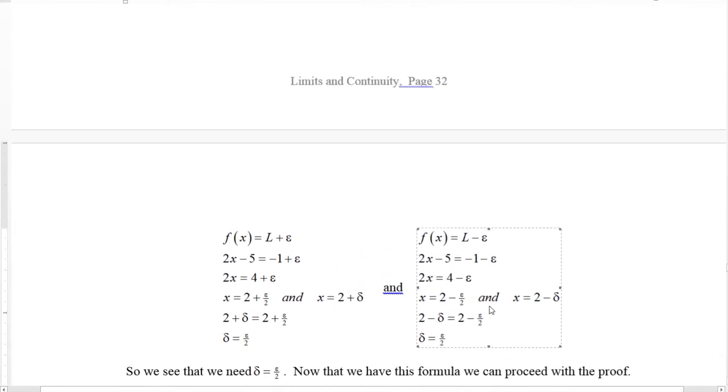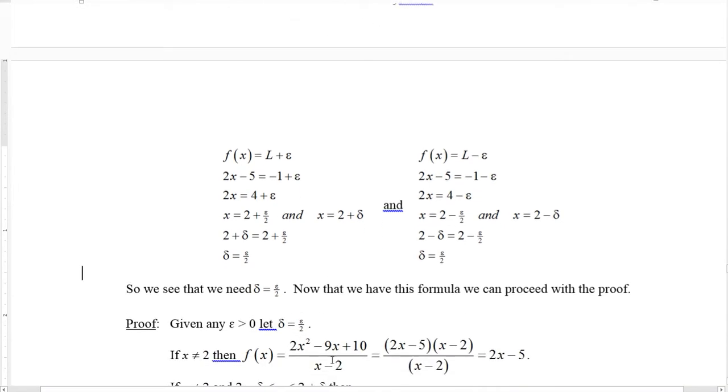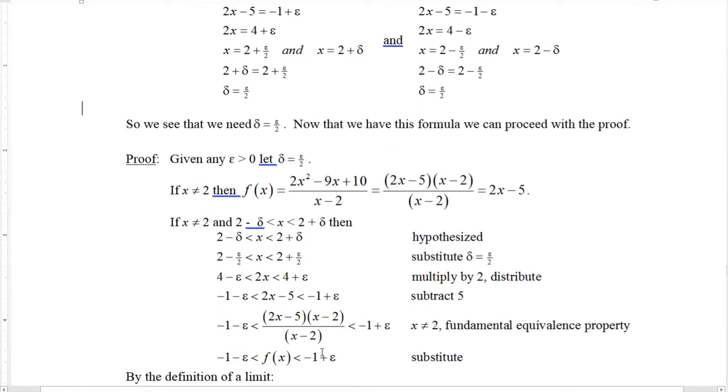So what you have to do is you have to do this work here before you start writing the proof. You have to find out what that formula for delta is in terms of epsilon. Once you have that in mind, then the proof basically writes out pretty straightforward like this. Given any epsilon greater than 0, let delta be epsilon over 2.